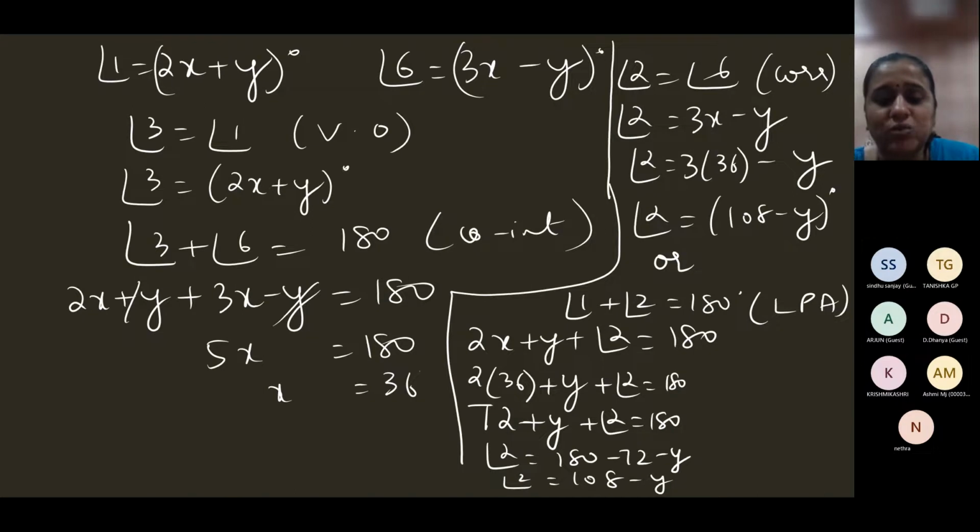So 72 plus y plus angle 2 is 180. Now have only angle 2 on one side and take all the other terms to the RHS. So angle 2 is equal to 180 minus 72 minus y. 180 minus 72 is 108. So angle 2 is equal to 108 minus y. You can do it like this.